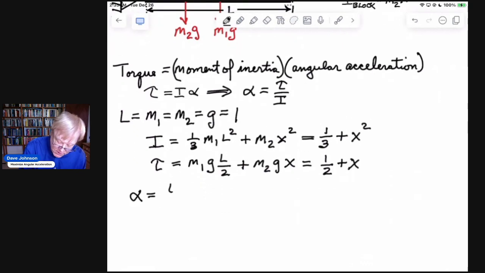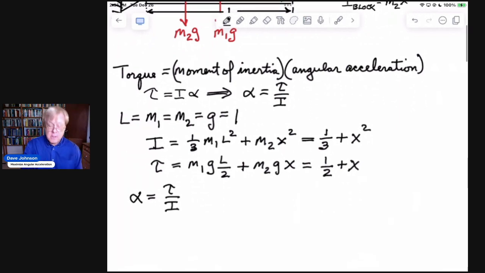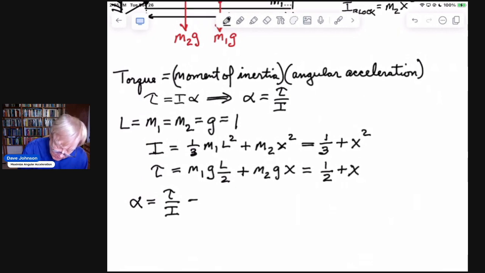Alpha is equal to tau divided by I. Tau is the torque, and I is the total moment of inertia. And so this is equal to, well, we got 1/2 plus x divided by, and then the I is 1/3 plus x squared.